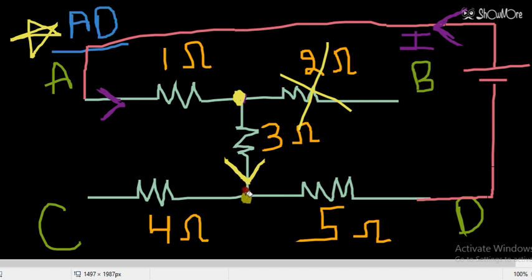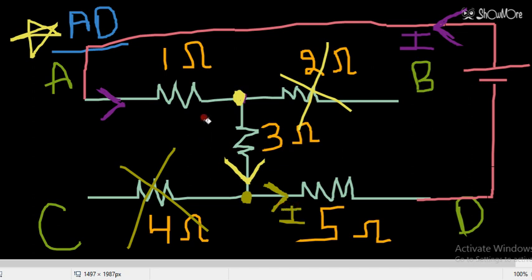Will it be divided into two parts, some current on the right side and some on the left side? But no, because this is an open circuit, so current will flow in this direction only, not in the left direction. So the same amount of current will flow through the 5 ohm resistance.